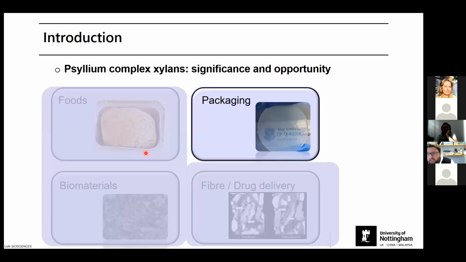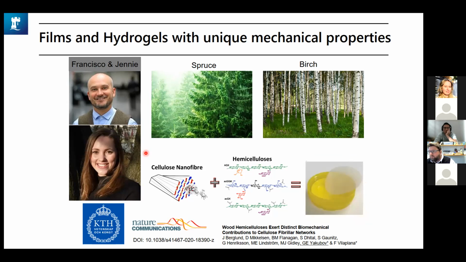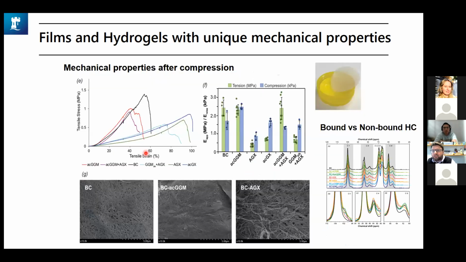You can also look at the use of these materials in packaging. We've been working with our collaborators at KTH, Francisco Villaplana and Jenny Berglund, looking at the interaction of celluloses with hemicelluloses, in this case mainly from spruce and birch. We found a quite unique set of micromechanical properties that lead to a plastic-like response of the cellulose film.